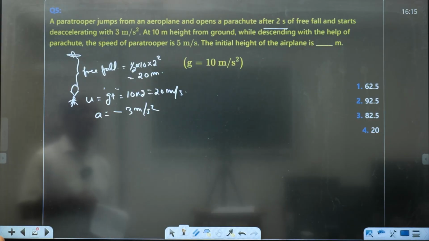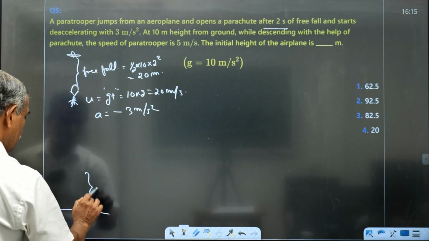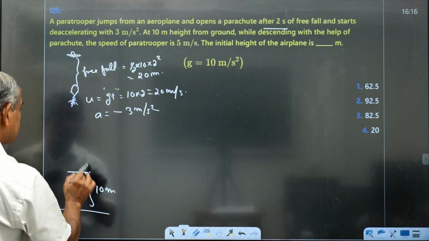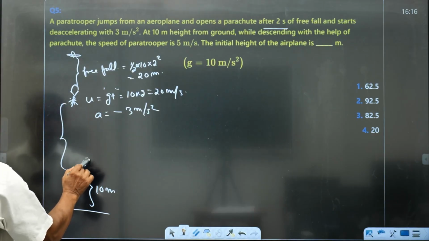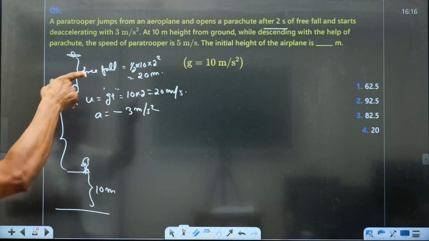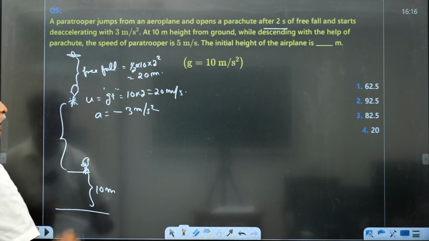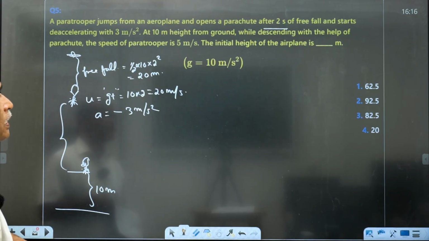And at a 10 meter height from the ground, suppose this is the ground and this is 10 meters, when the person reaches here, what is said in the problem? While descending with the help of the parachute, the speed of the paratrooper is 5.